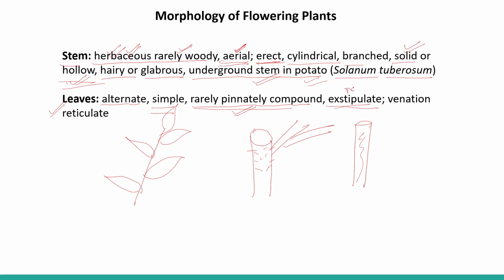Exstipulate, no stipules are present, and venation is reticulate. Why reticulate? Because they are dicotyledonous plants. Reticulate venation is one of the characteristics of dicotyledonous plants. So the Solanaceae family has reticulate venation.